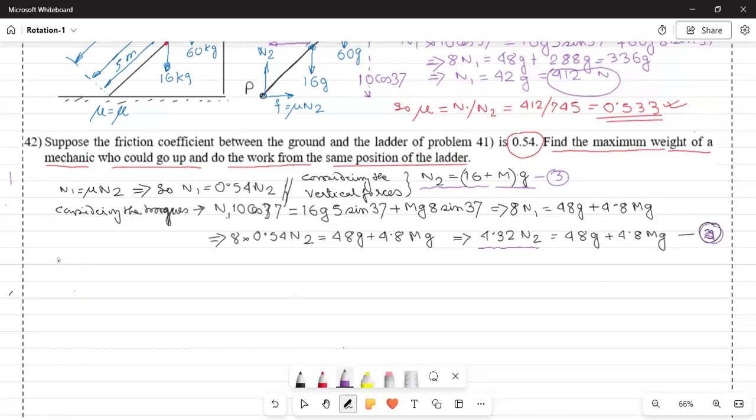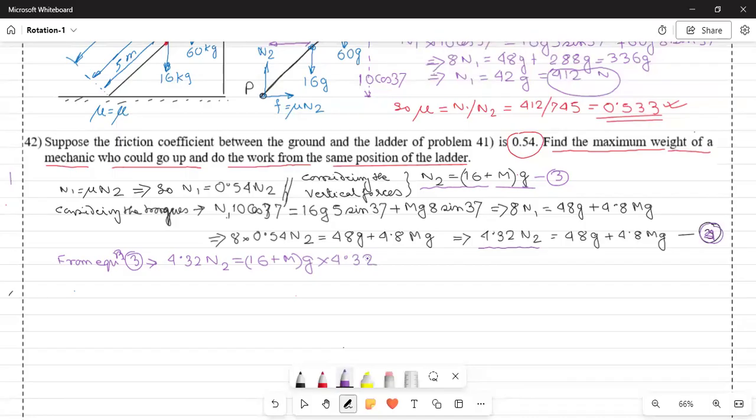From equation 3, if we multiply both sides by 4.32, what do we get? 4.32 N2 is equal to (16 plus capital M) G multiplied by 4.32.